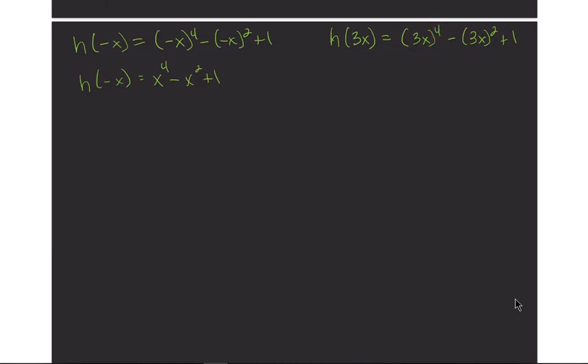So who gets the 4th power? Everybody. So what's 3 to the 4th? 3 times 3 is 9. Then this 3 times 3 is 9. So 9 times 9 is 81. Then x to the 4th minus, what do we got to do with our square? Share with everybody. We get 9x squared plus 1.